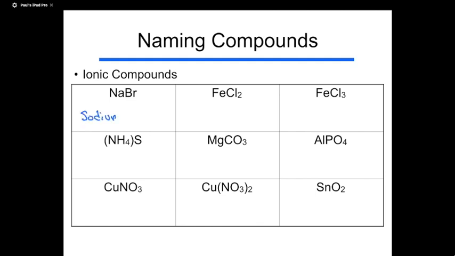Sodium. I'm done with the front. Is this a group, one of the defined groups? No. The element is bromine, but when it reacts, it becomes a bromide. That is great. All right. The second one.